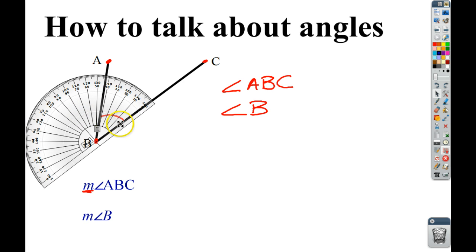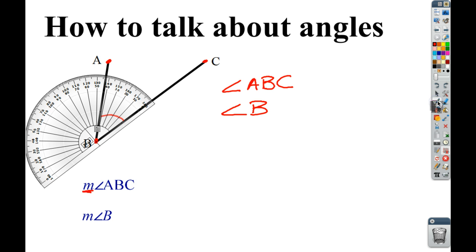Now you'll notice it's either at 180 or 0, so I'm going to start at 0 and count up. So 10, 20, 30, 40, and this looks like it's at about 40, I don't know, about 42 or 43.